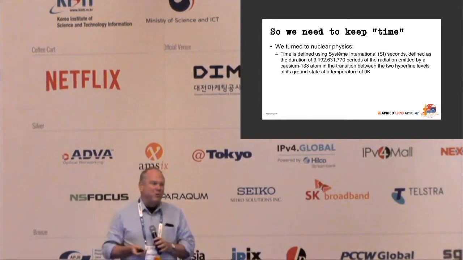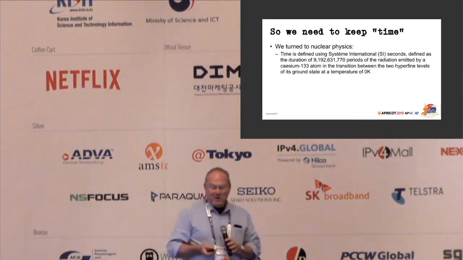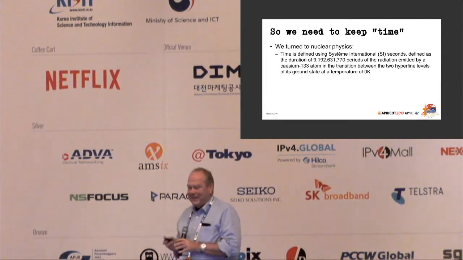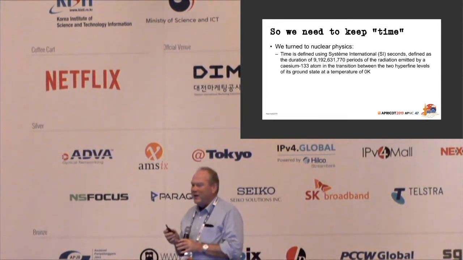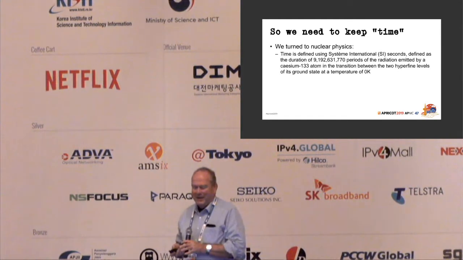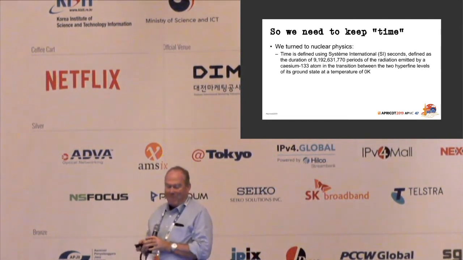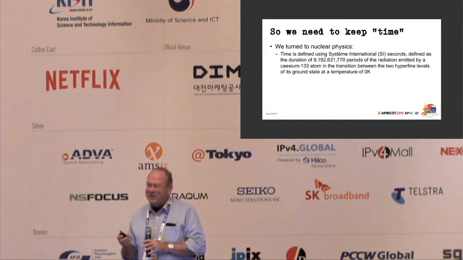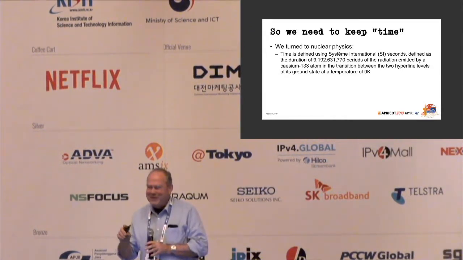So the nuclear physicists said, if I get a rubidium laser or a hydrogen maser or some other equally cool source of energy, and I get a cesium-133 atom and I excite the crap out of it, it oscillates. And it oscillates at 9,192,631,770, not 771.